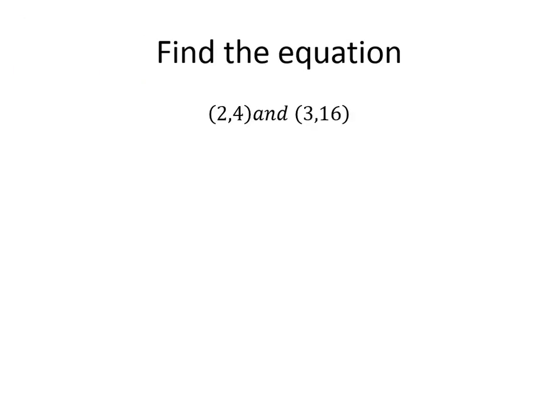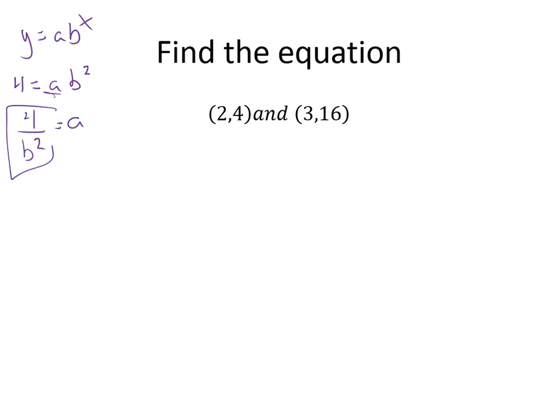All right, now let's say we're given 2 points and we want to find the equation for it. We'll set up our equation, y equals a b to the x. We have to find the a and the b, but we know the x and y. So we plug in and get 4 is equal to a b squared. Now we solve for a, which gets us a is equal to 4 over b squared.